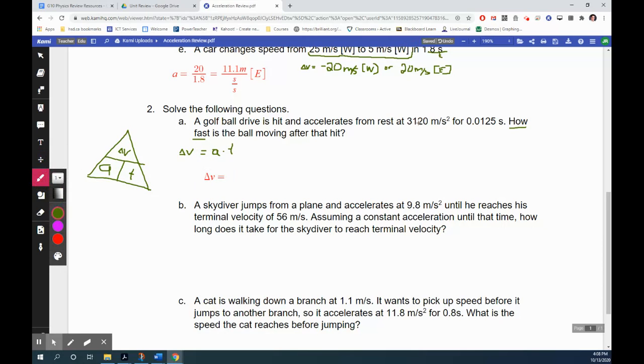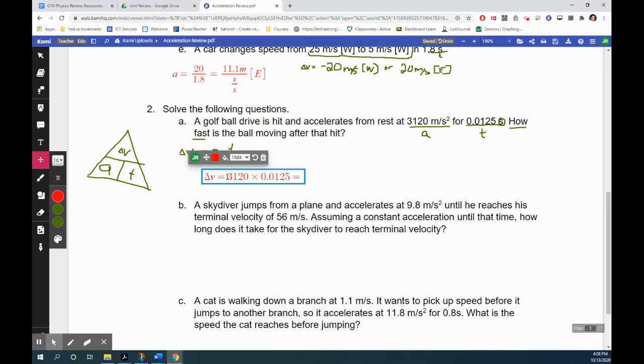Now, what is what here? We see this meters per second squared, so we know this 3120 is our acceleration, because meters per second squared is an acceleration unit. We see this is seconds, so we know that this is time here. And so delta V is our A times our T, so we're going to get A of 3120 times our time of 0.0125.